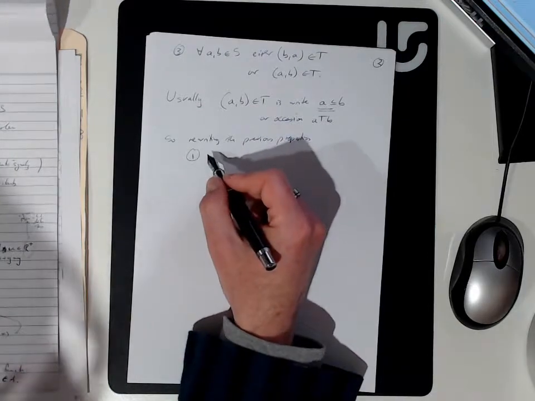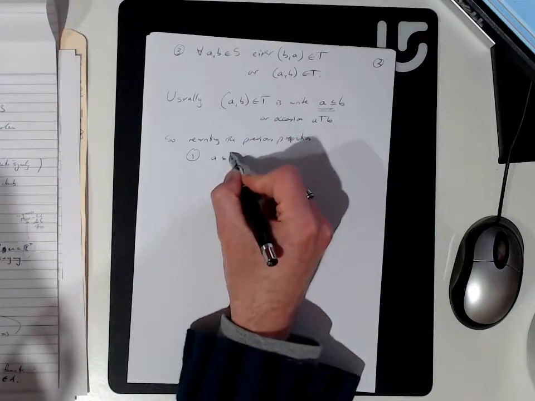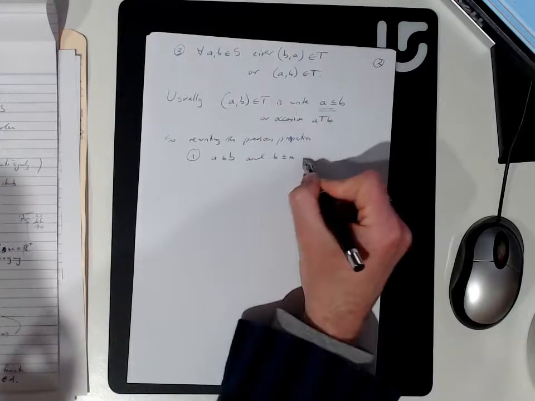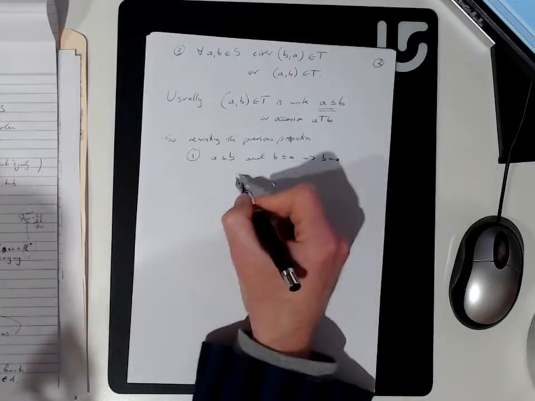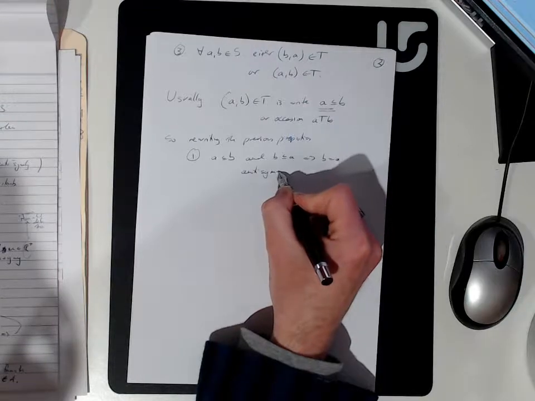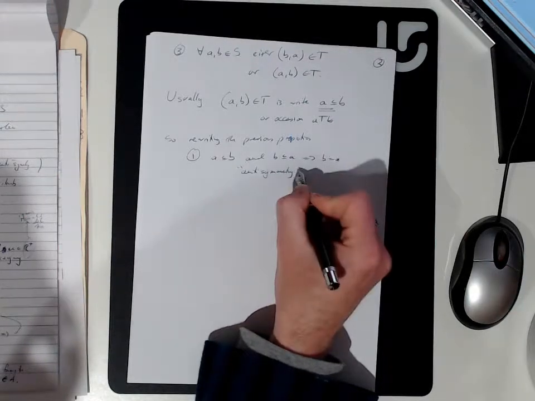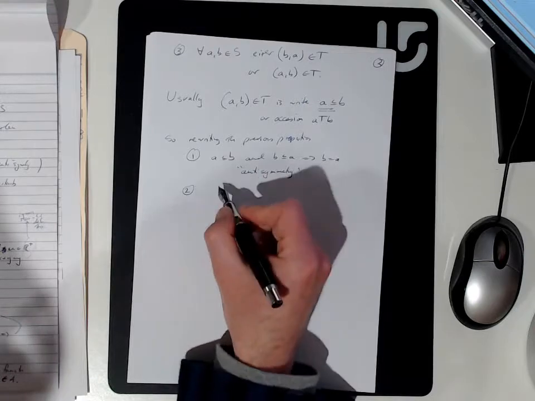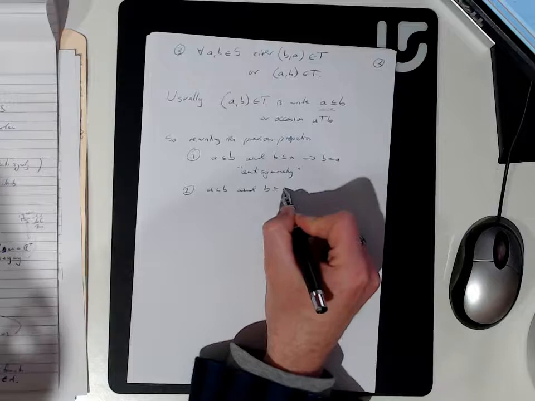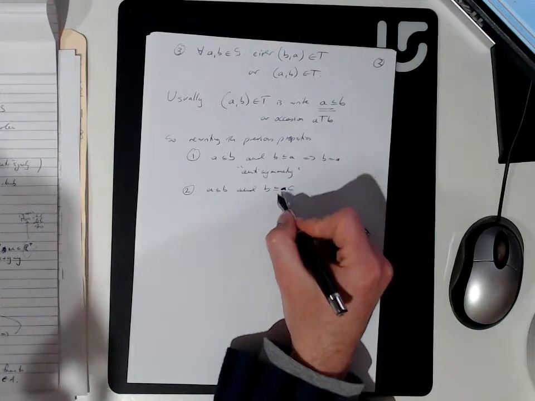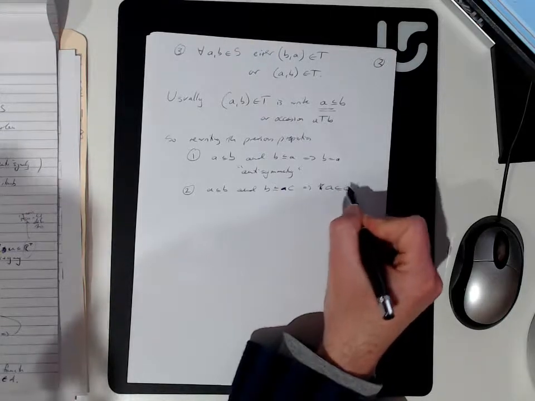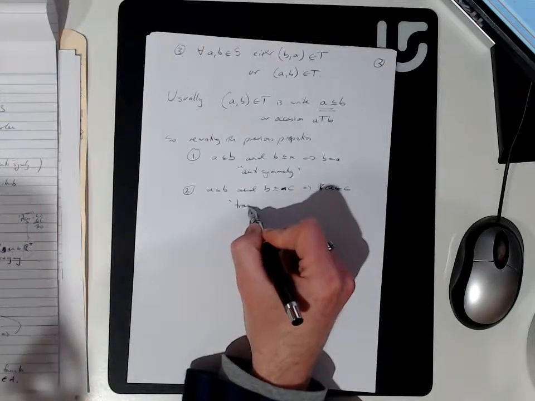So 1 is A less than or equal to B, and B less than or equal to A implies that B equals A, and this is called anti-symmetry. 2 is A less than or equal to B and B less than or equal to C implies A is less than or equal to C, and this is called transitivity.